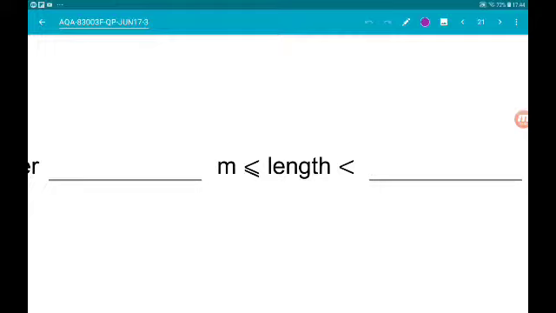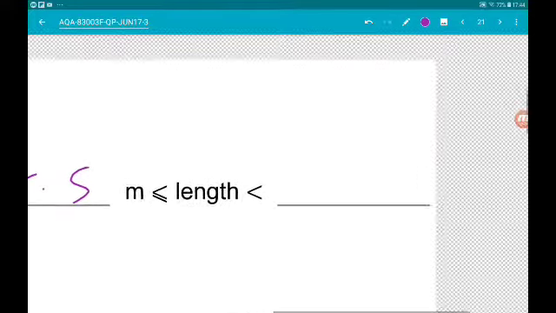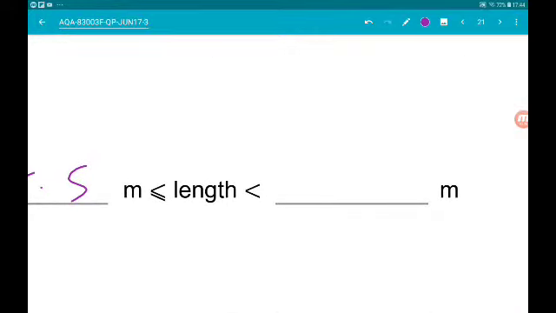So for the lower bound, we need to think what's the lowest, smallest number that would round up to 6. So that would be 5.5. Now for the upper bound, we use the smallest number that wouldn't round down to 6. So that would be 6.5.